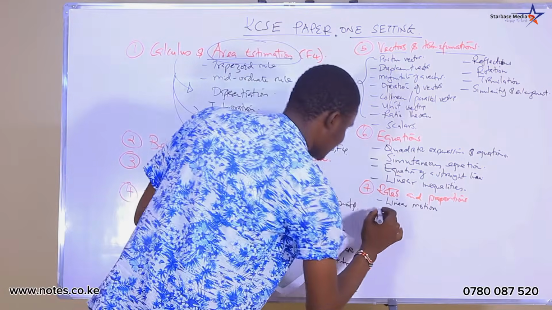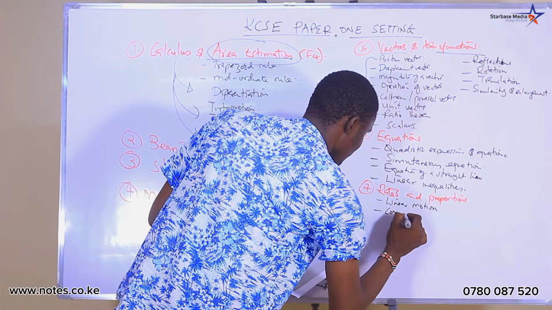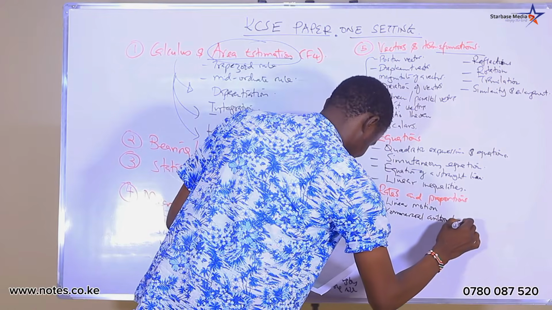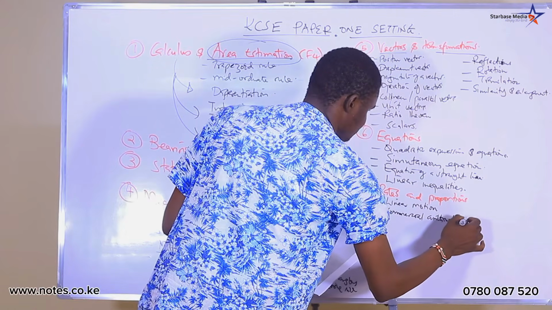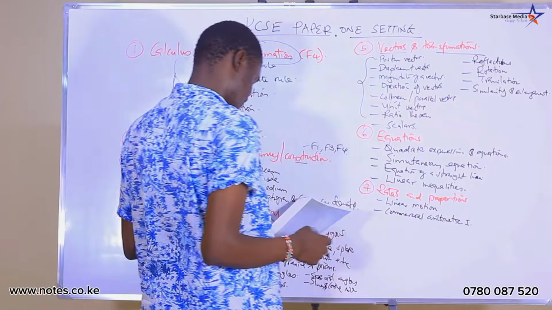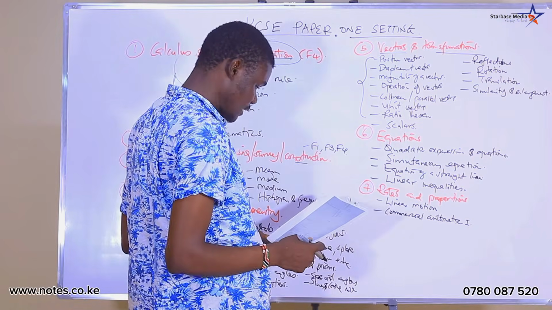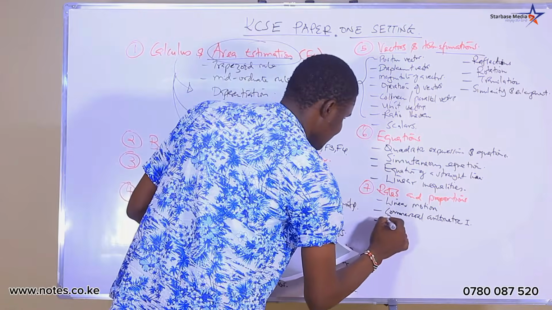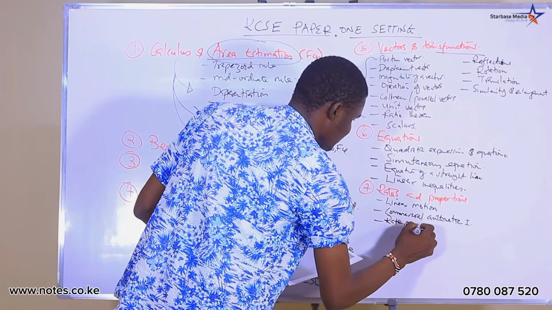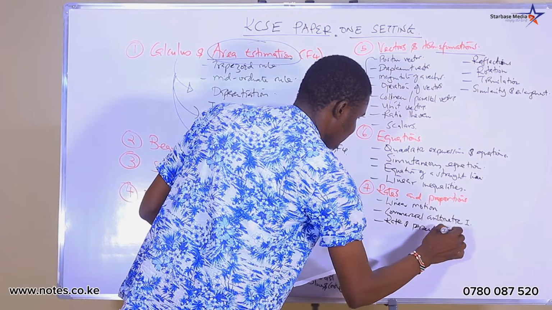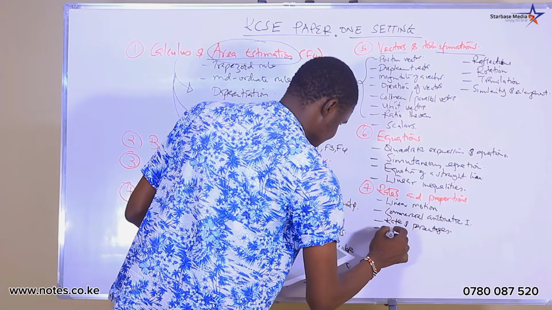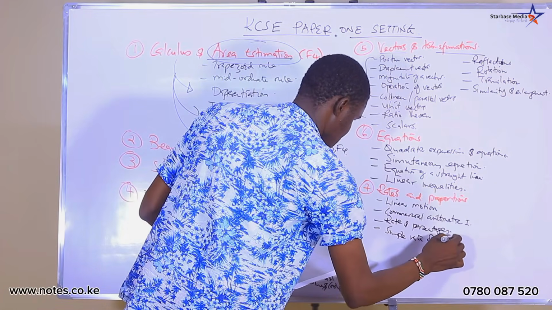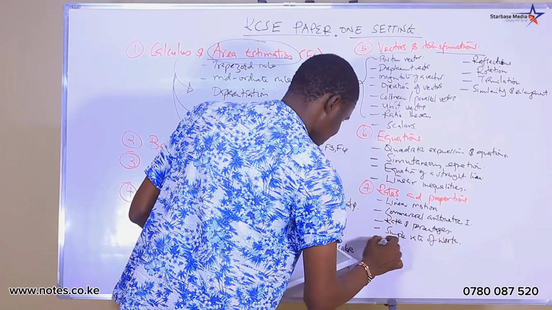You look at things like commercial arithmetic, arithmetic 1. You look at things like rates and percentages. This is a Form 1 topic. You look at things like simple rate of work. Those are Form 1 topics, fractions and decimals.